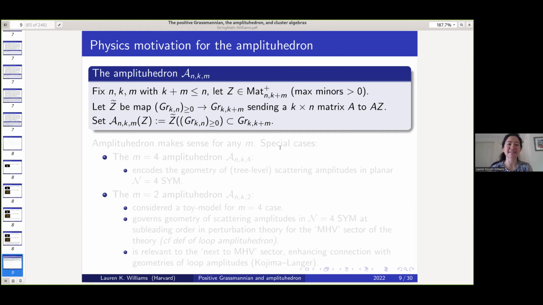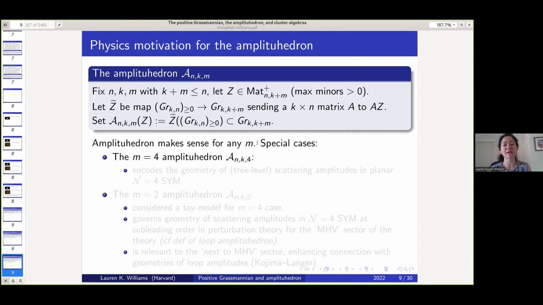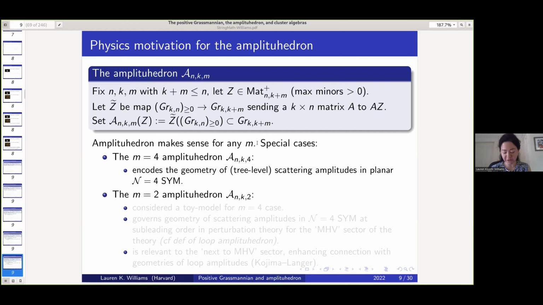Let me just make a few remarks. One is that this amplituhedron makes sense for any m. Special cases include the m=4 amplituhedron, A_{n,k,4}. This is the object that encodes the geometry of tree-level scattering amplitudes in planar N=4 super Yang-Mills. Now the m=2 amplituhedron is also interesting.